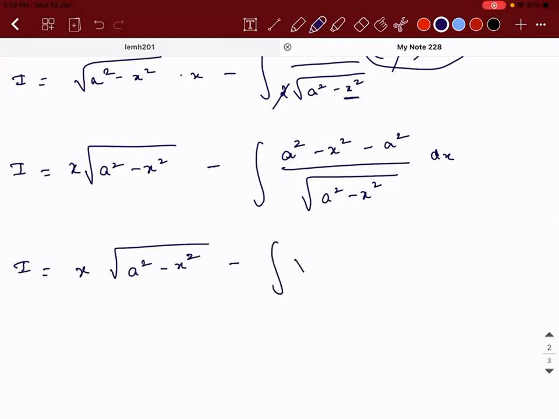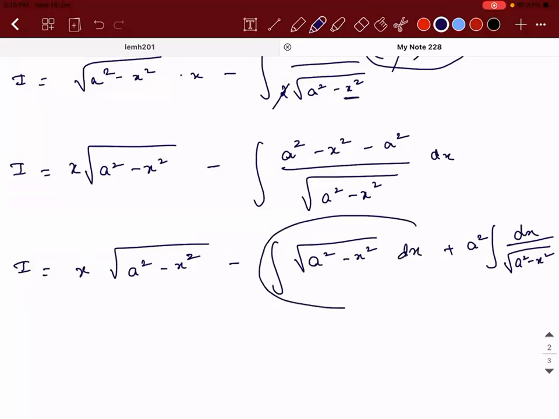Minus integral of root of a square minus x square plus a square into integral of dx divided by root of a square minus x square. Correct? Yes.